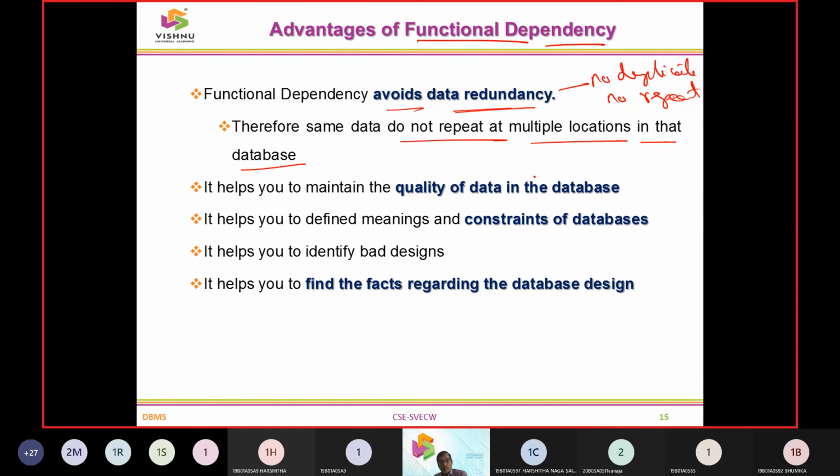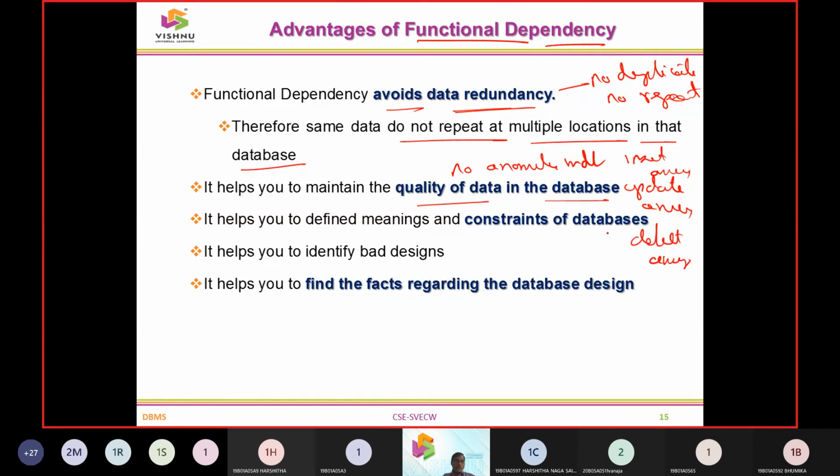That was the first reason for using functional dependency. Two, it maintains the quality of data in a database. So null values are not there. There is no anomaly in the database, that is, no insert anomaly, no update anomaly, no delete anomaly.